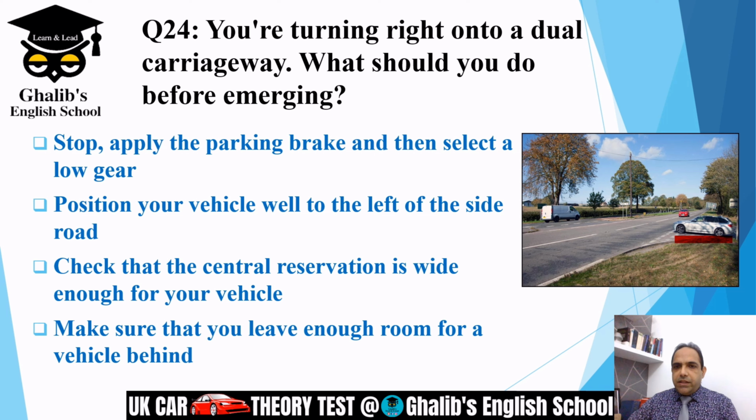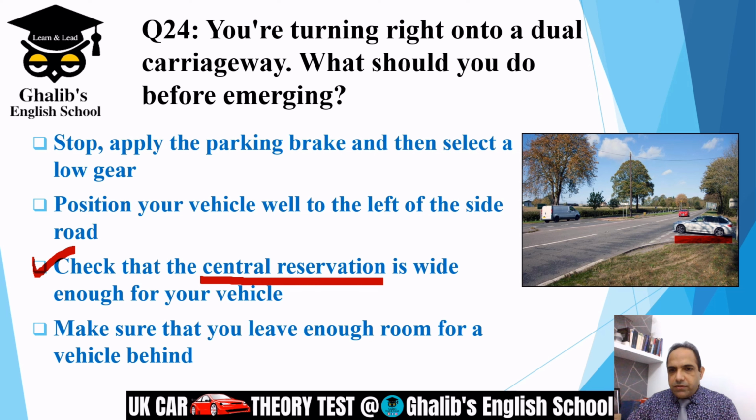Stop, apply the parking brake, and then select a low gear. Position your vehicle well to the left of the side road. Check that the center reservation is wide enough for your vehicle. Make sure that you leave enough room for a vehicle behind. So the correct option is number 3. You need to check the center reservation.